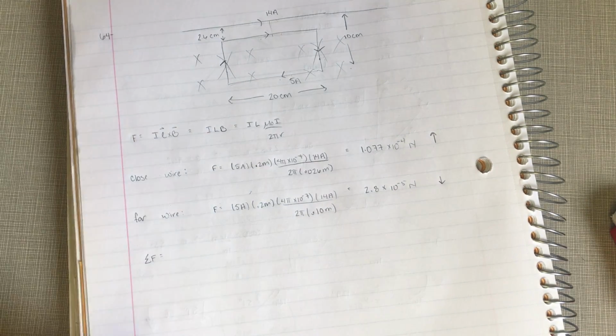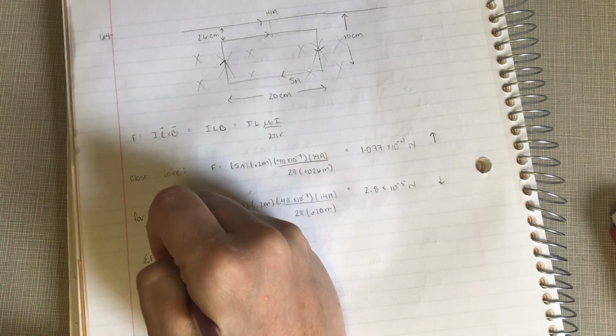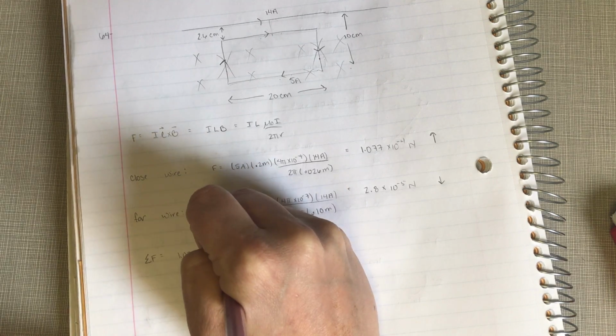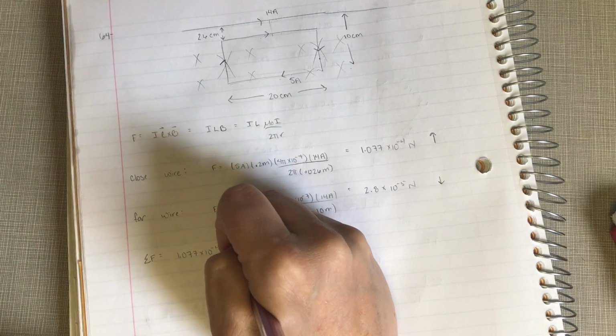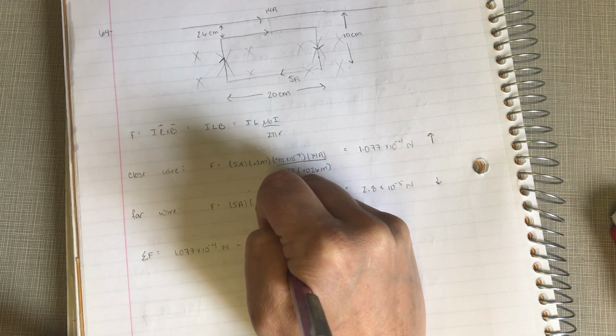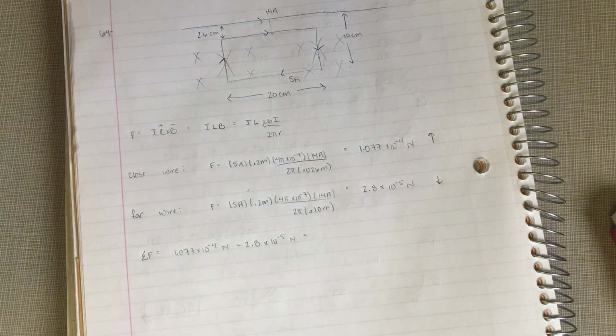Okay, so now if I sum up my forces, I've got 1.077 times 10 to the minus 4 newtons going up, and then minus, because it's going down, 2.8 times 10 to the minus 5 newtons.